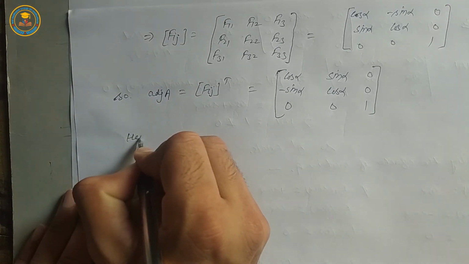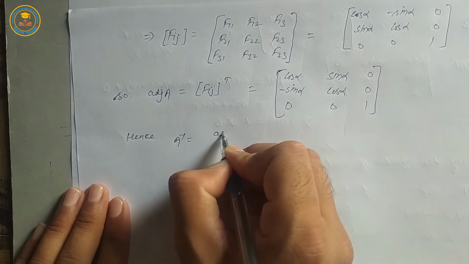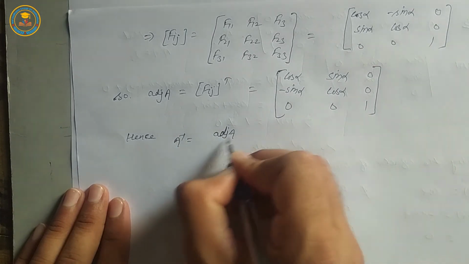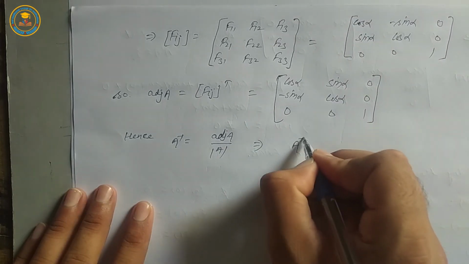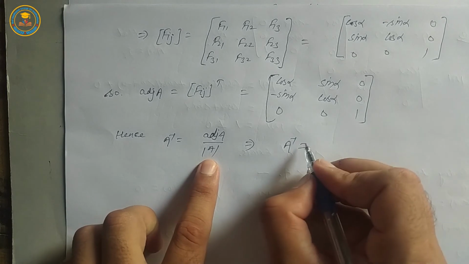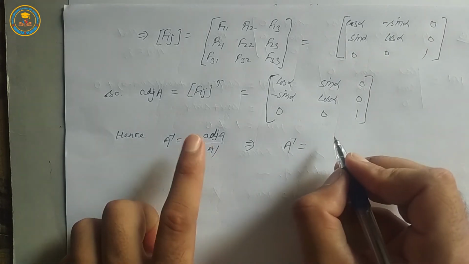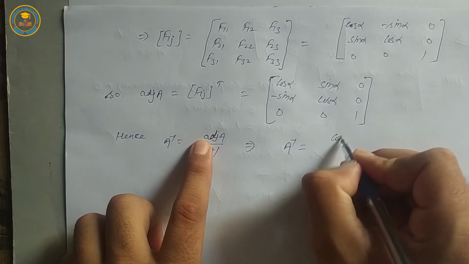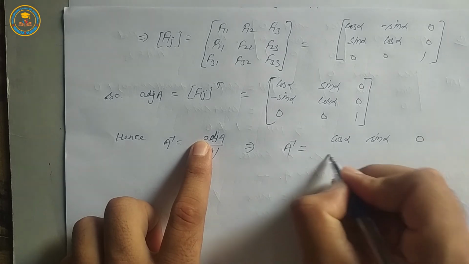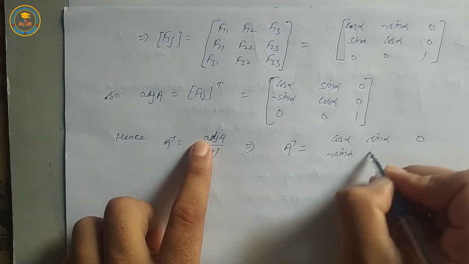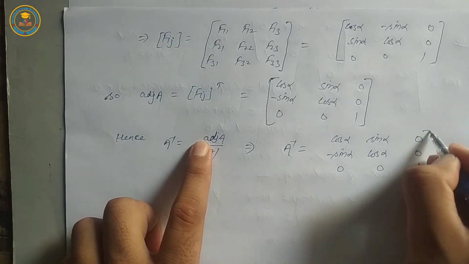Hence A inverse equals adjoint A upon determinant A. Determinant A is 1, so A inverse equals 1 by 1 into adjoint A, which is cos alpha, sin alpha, 0; minus sin alpha, cos alpha, 0; 0, 0, 1.